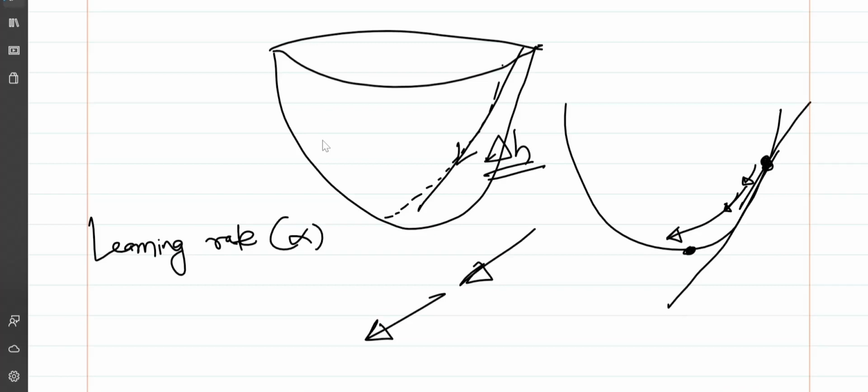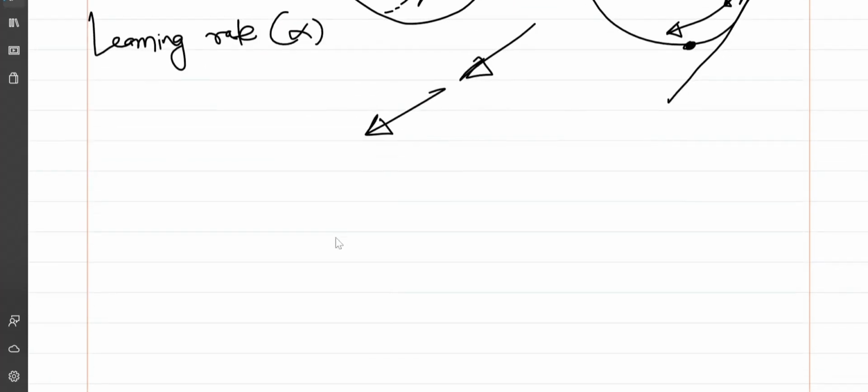And at the same time, if we take too many small steps, then it will require a lot of iterations to even reach that point. And nobody wants a slow processing model, right? We are living in a fast world. So we have to take care that alpha is neither too small nor too big, and the gradient descent algorithm is repeated until we actually converge at a point.